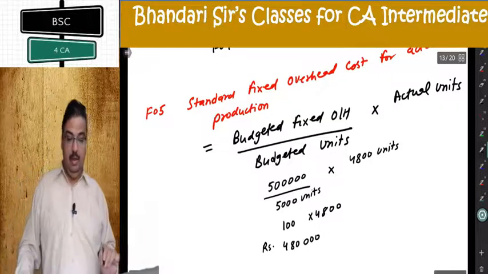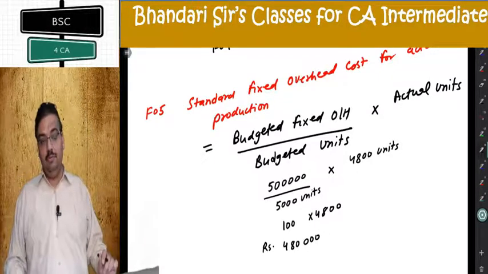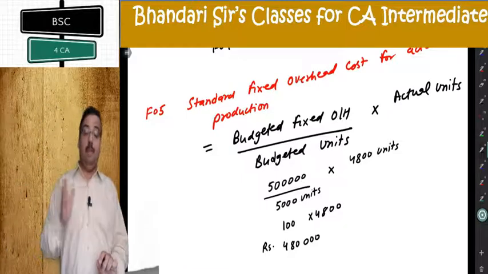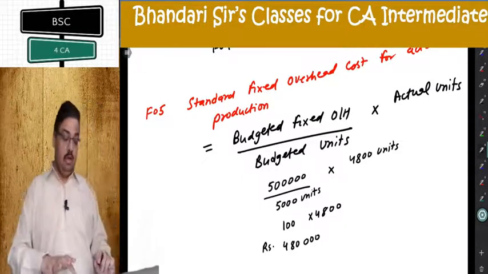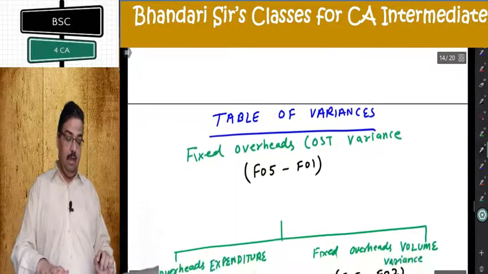Rupees 4,80,000 would be FO5. Now having got all 5 steps, I can compute the variances and then write which part answer I am getting. I will make it in the form of table again.